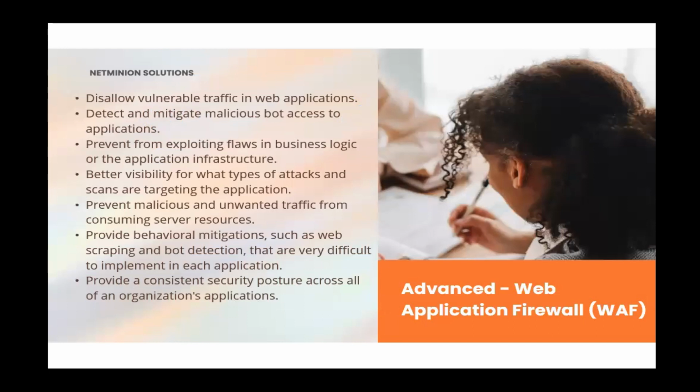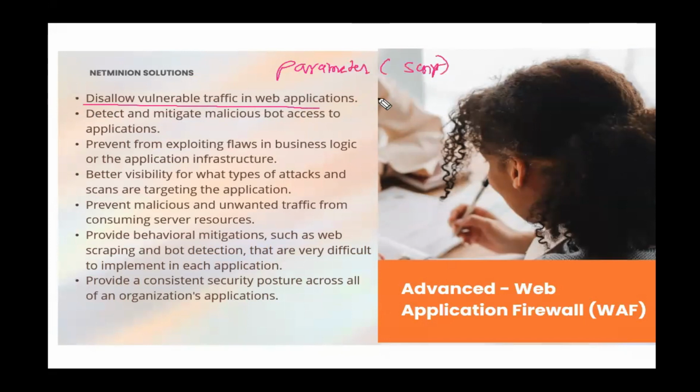Let's talk about some more features. If you see here, what F5 will do, on the top, very common terms: it disallows vulnerable traffic. As I am telling you, if any of the parameters contains some kind of script, or maybe some kind of SQL injection attack, it will be disallowed by your F5 box.